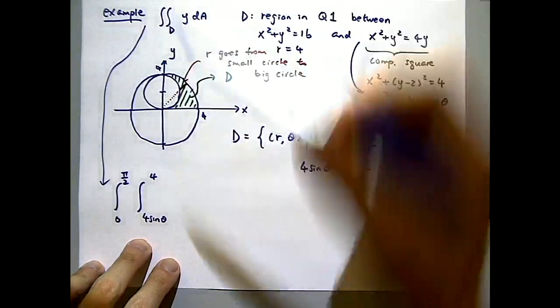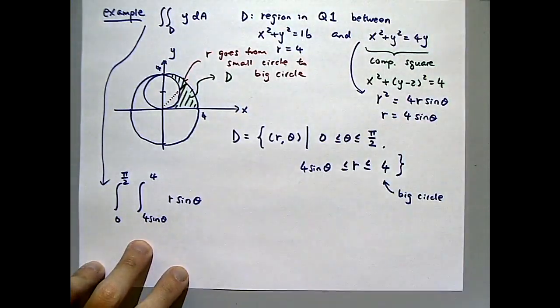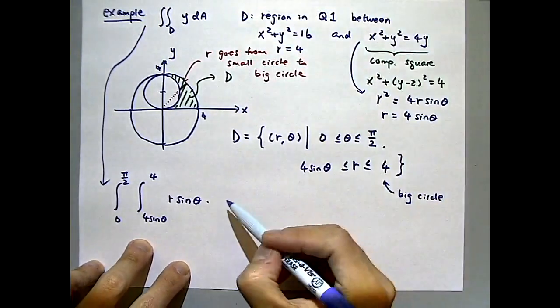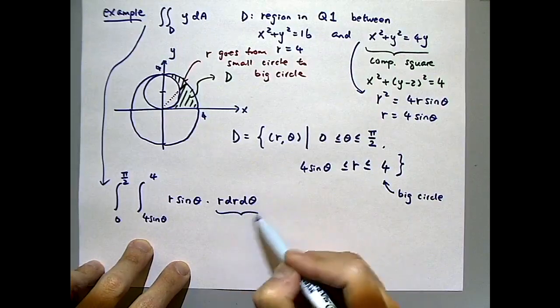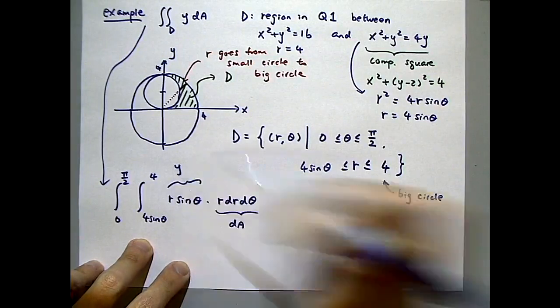Y in Cartesian is r sine theta, right? And then dA is our r dr d theta. This is dA. This is y.